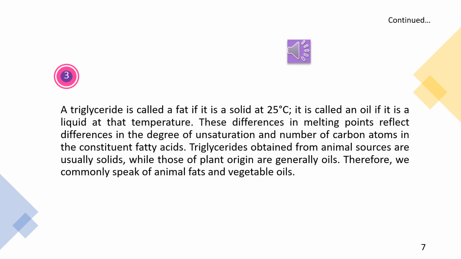So the differences in the forms of triglycerides will tell us the differences in their melting points, the degree of unsaturation, and the number of carbon atoms in the constituent fatty acids. The triglycerides obtained from animal sources, or animal fats, can also be obtained from vegetable oils.